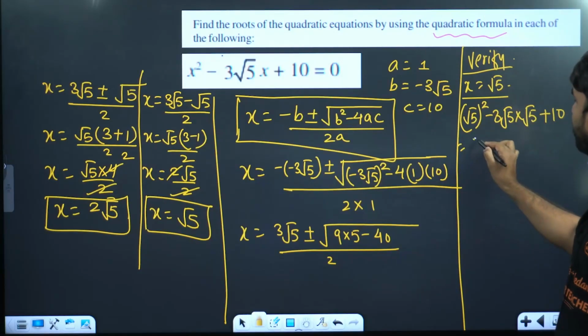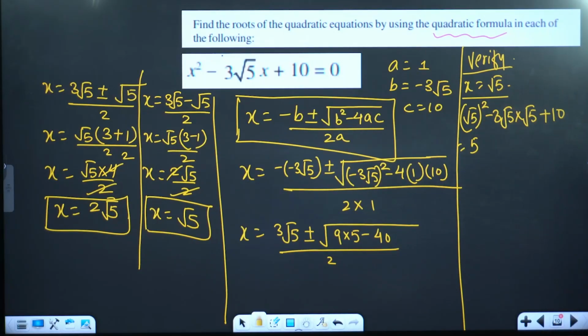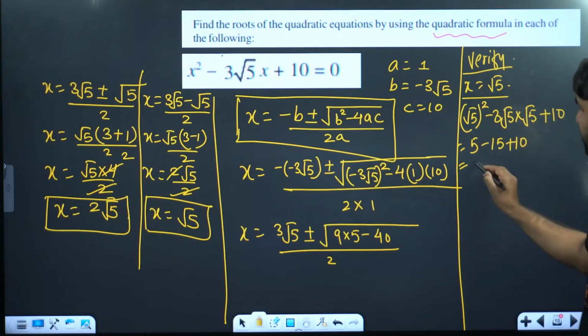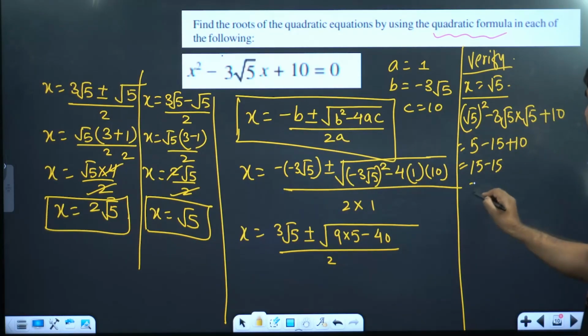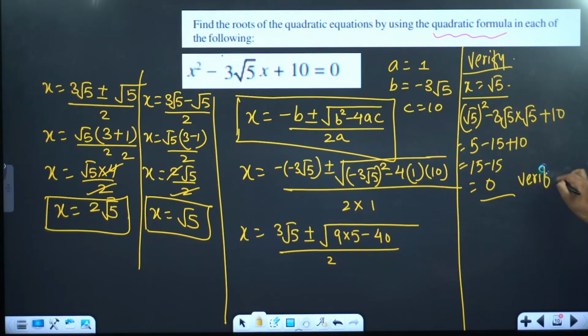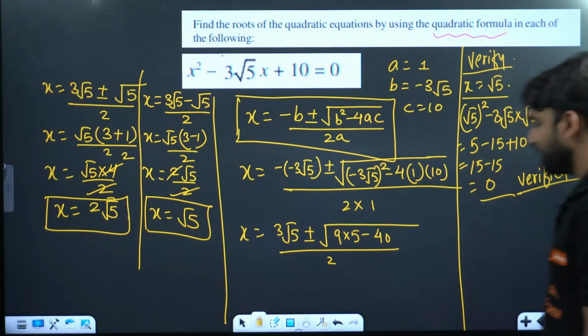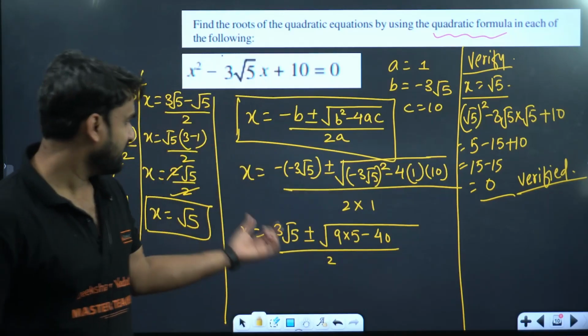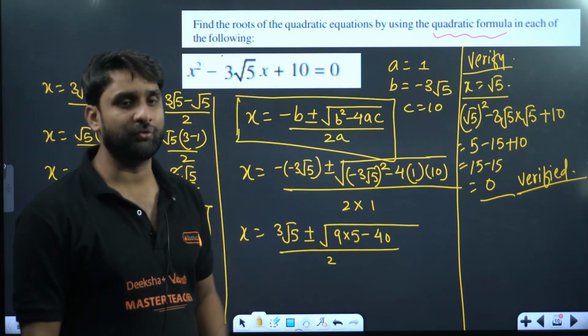Root 5 square will be 5, and this is root 5 into root 5, which will be 5. 5 into 3 is 15. Minus 15 plus 10. Now 5 is in positive form, 10 is in positive form, so 10 plus 5 will be 15. 15 minus 15, wow, verified. It implies that our answer is absolutely correct. You can verify one more value. We have 2 root 5, put 2 root 5 and check.